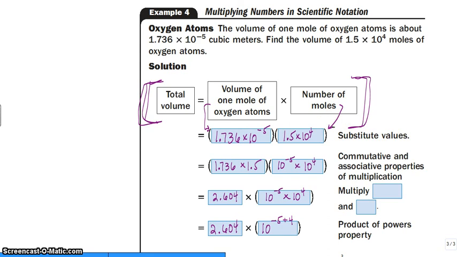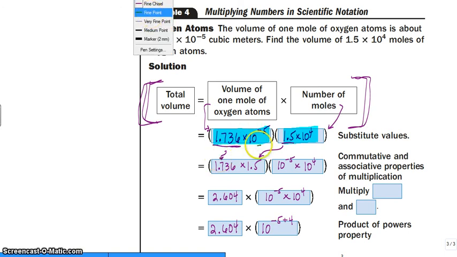And I can multiply in scientific notation by doing the commutative property. Take a look at this. Here's one scientific notation times another. And what I did was I commuted. I took the numbers and put them in their own parentheses and took the exponents and put them in their own parentheses.